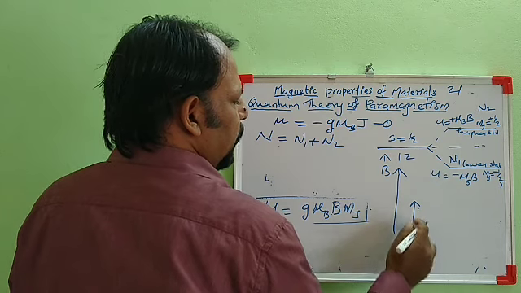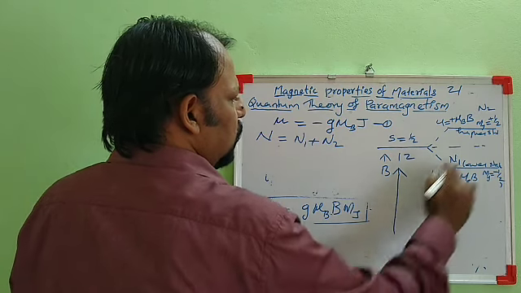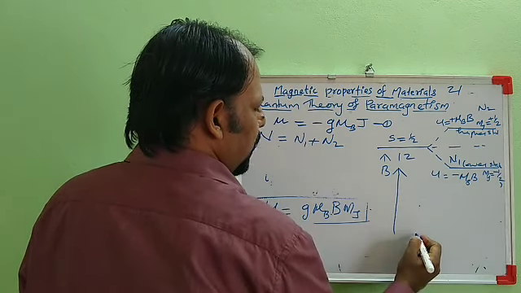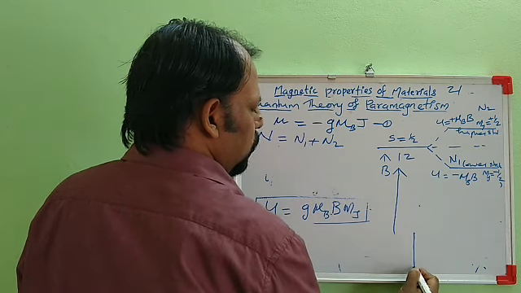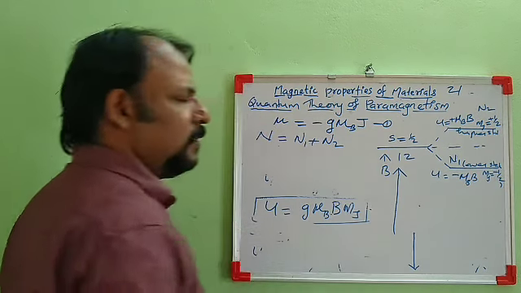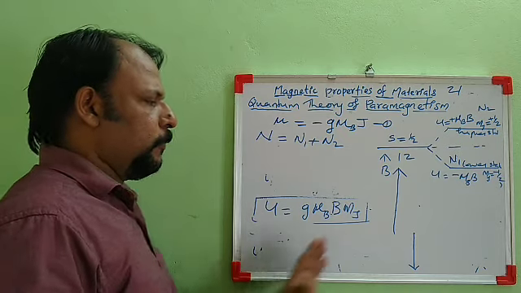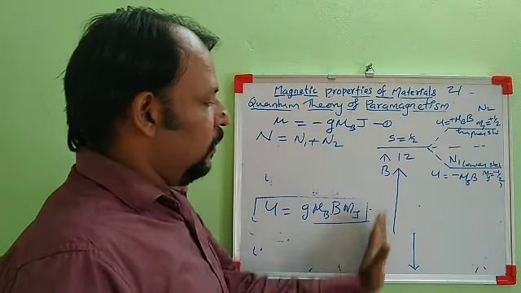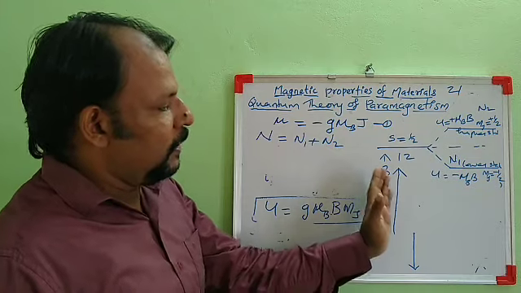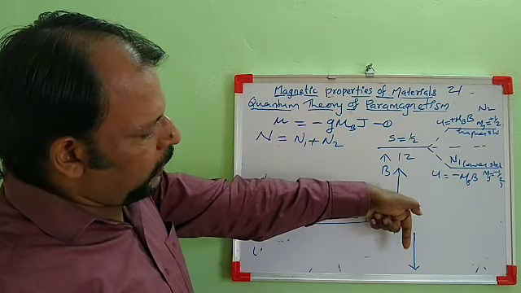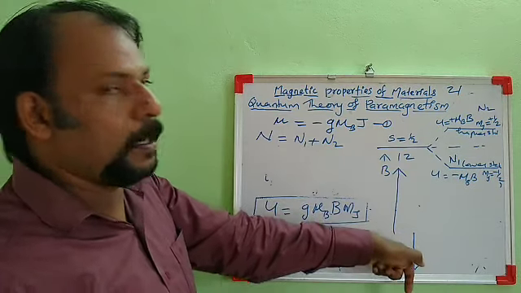I am writing the lower state Mj equal to minus 1 by 2. Mj is the projection of angular momentum along the direction of magnetic field. Magnetic field is along Z direction. Mj minus 1 by 2 means its angular momentum component is directed anti-parallel to magnetic field.